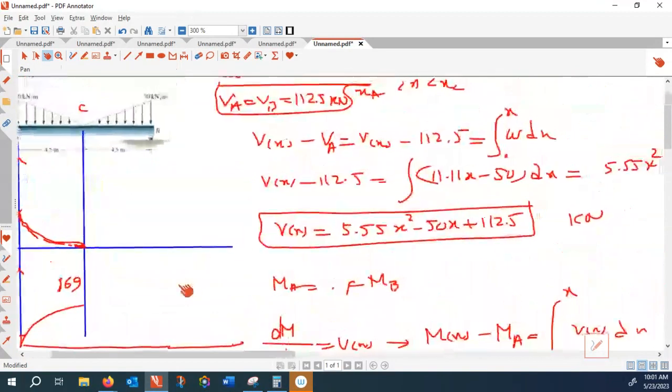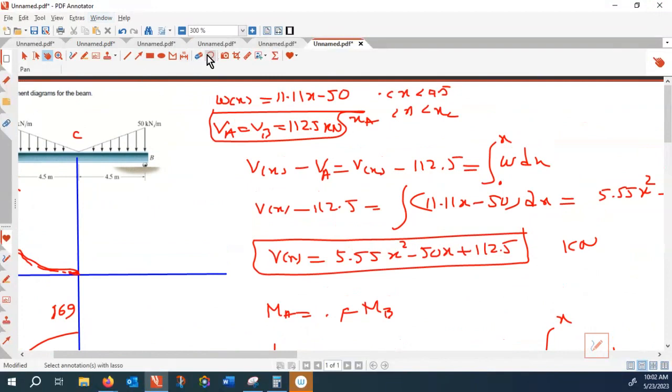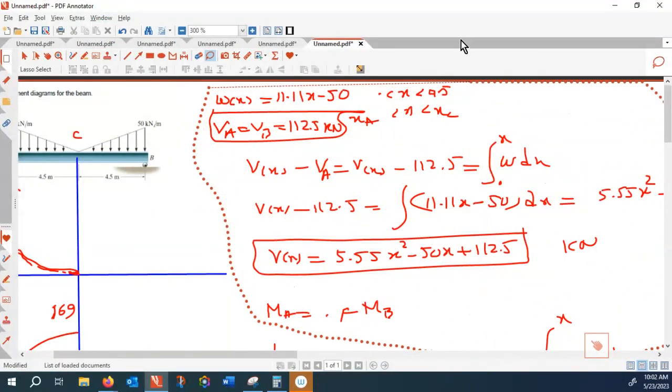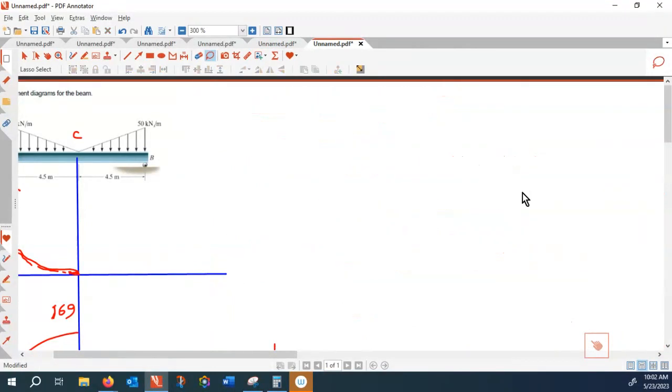Okay, the next step is we have to jump into the second zone. I repeat the same steps. Just watch this one. Please note these steps. In the second zone, it is convenient to shift the coordinate system to C. So for every zone, I bring the coordinate system right to the beginning of the zone to make the derivation easier.